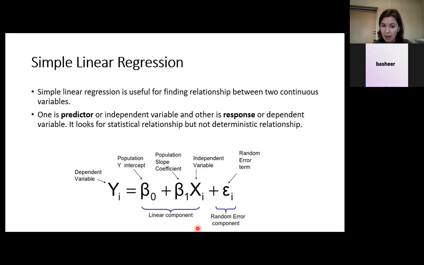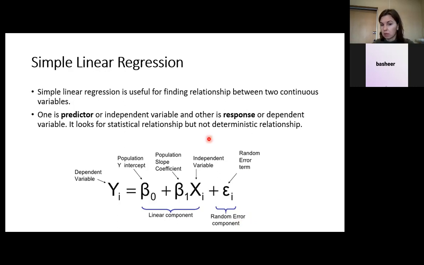This is the linear component, plus a random error component. So one more time, in the linear regression model we assume that our dependent variable is connected with the independent variable, or predictor, by a linear relationship and some random error near this line.